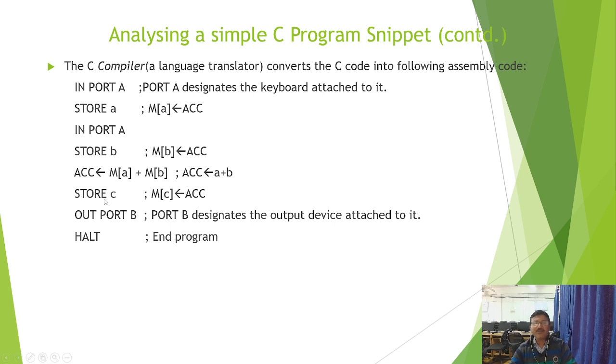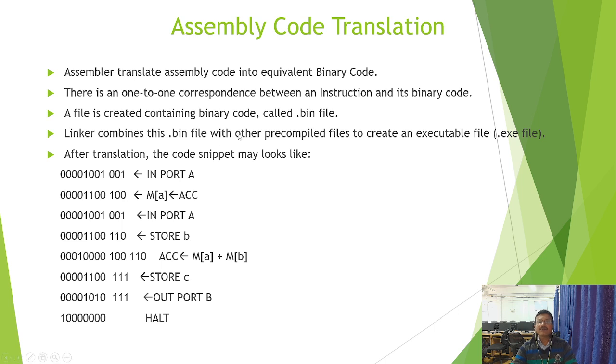Now, this assembly code is translated to its corresponding binary language, or machine level language. So for assembly level language an equivalent binary code exists, and there is a one-to-one correspondence between the instructions generated by the compiler and the binary code which we expect to execute in the system.